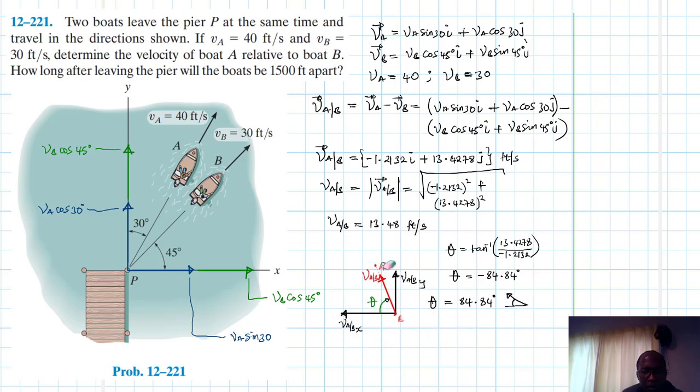Let me redraw this. I use a straight rule, so we have something like this.